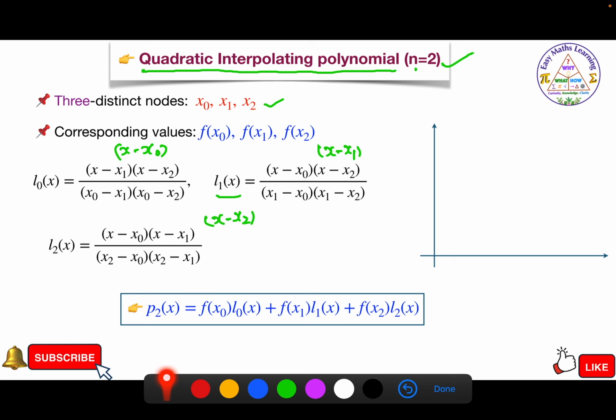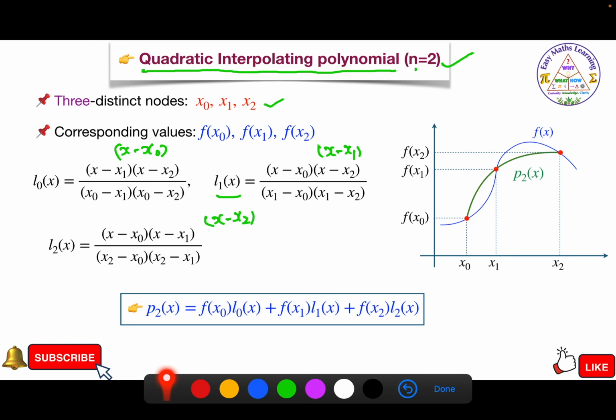Graphically, suppose we have these three distinct nodes, and this is the original graph of the original function. Red dots represent the corresponding function values for these three distinct nodes. So you can see the quadratic polynomial P2(x) that we represent by the green curve.